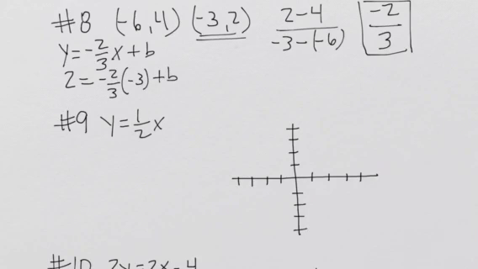So we can further reduce this down. So it says 2 equals, so minus a minus here, so we have a positive 6 divided by 3. A positive 6 divided by 3 is really just a 2 plus b.